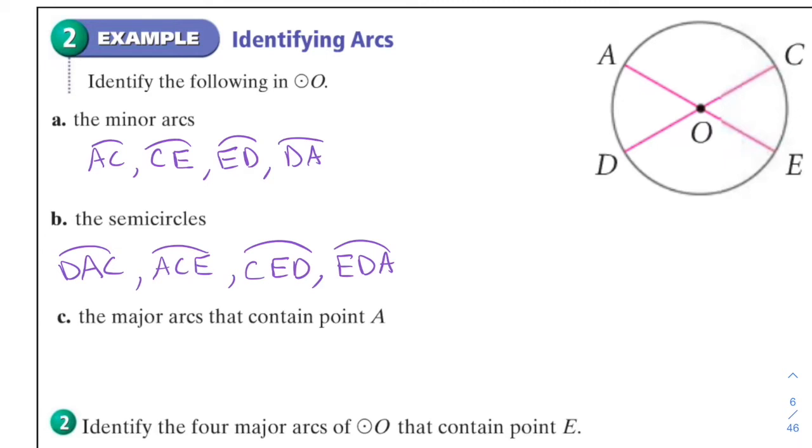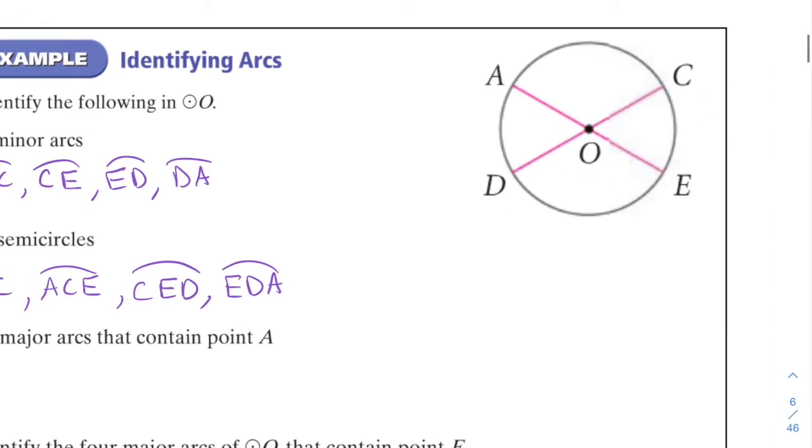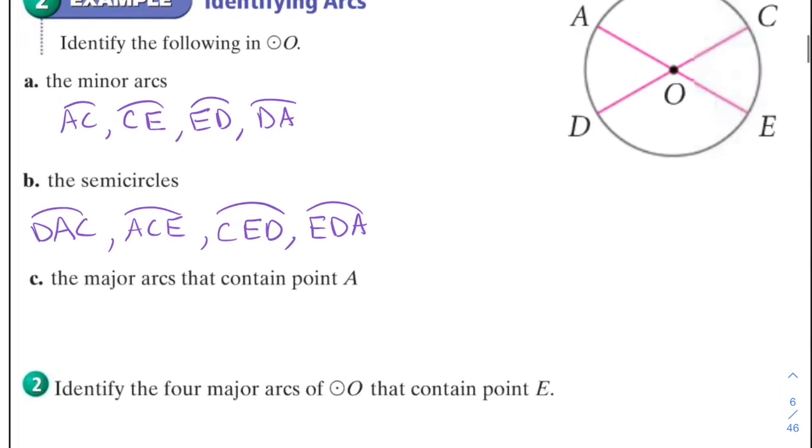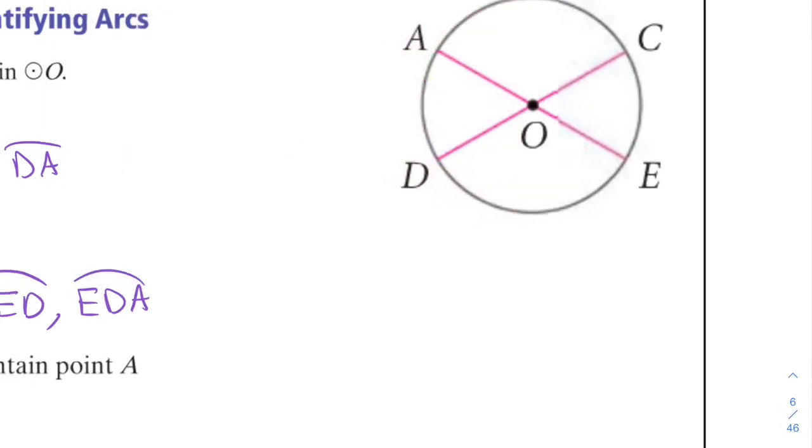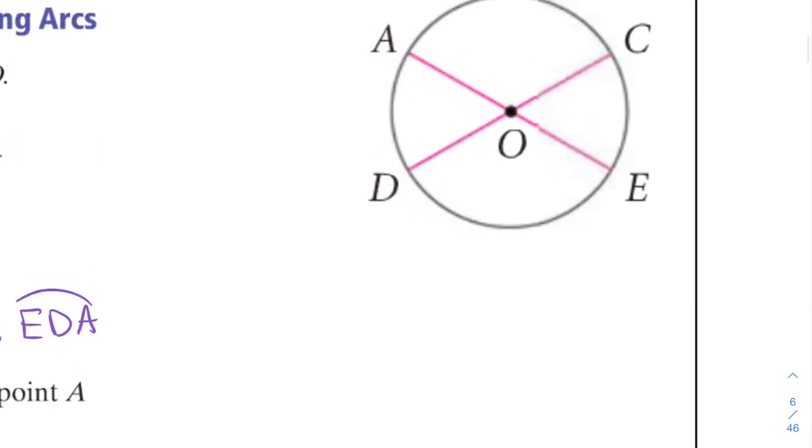The major arcs that contain point A, what we have to do is we just have to go a little bit further. We can't do a semicircle. We have to go further and include that. So this one's going to take a second. I'll move them over to where they belong afterwards, but it's easier to see them here. We have arc ACD, that could be one.